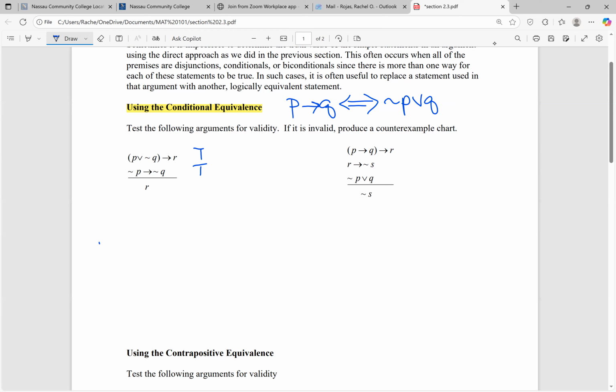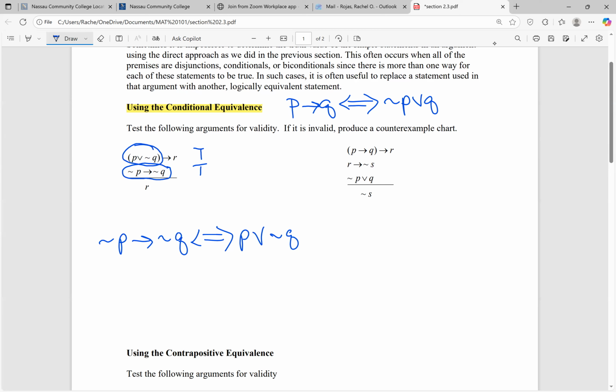So not P implies not Q is the same thing as not P, negate the left-hand side, which is P, or, and then the right-hand side, which is not Q. And that's what we have right here. So the value of this conditional is equivalent to P or not Q.